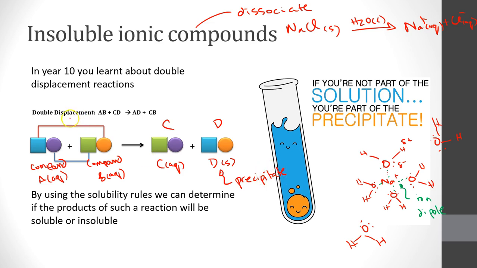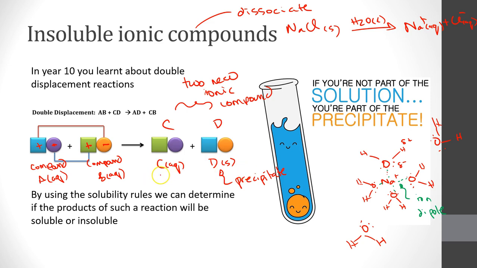Okay, remembering that they swap partners, so the cation of one reacts with the anion of the other, and the anion of that one will form with the cation of this one, forming two new ionic compounds. One of which is soluble, which would be C here, and one is insoluble.